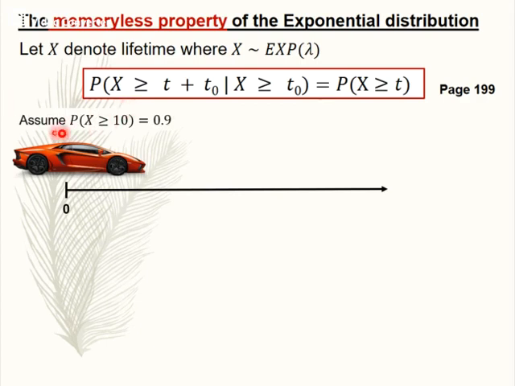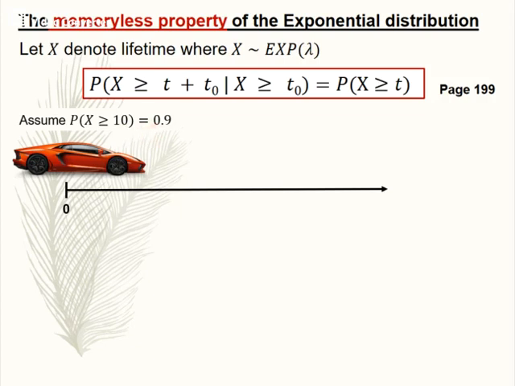Remember, x is lifetime, in other words, how long this car is running for. So the probability that this car is still running for 10 years or more is equal to 0.9. So this car has a 90% chance of surviving more than 10 years.